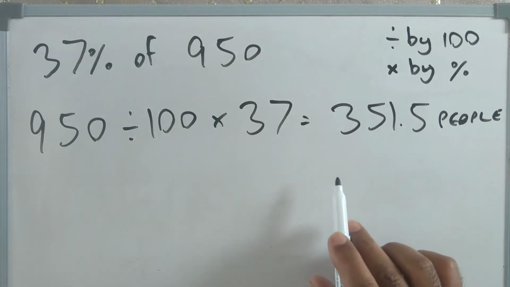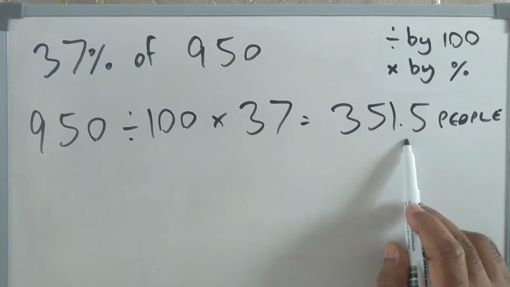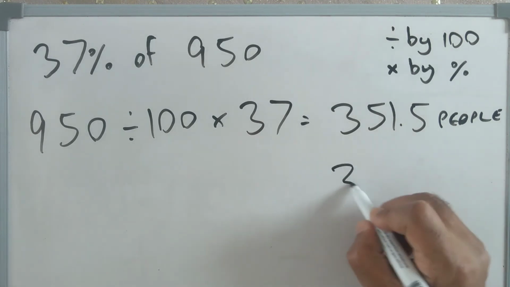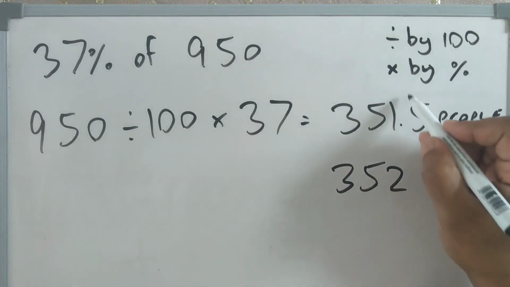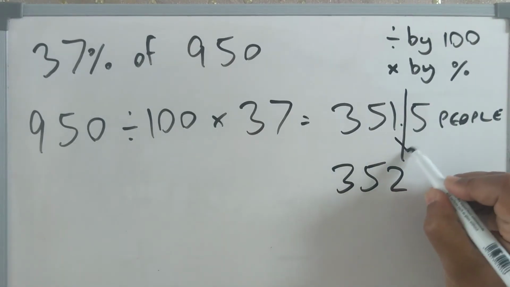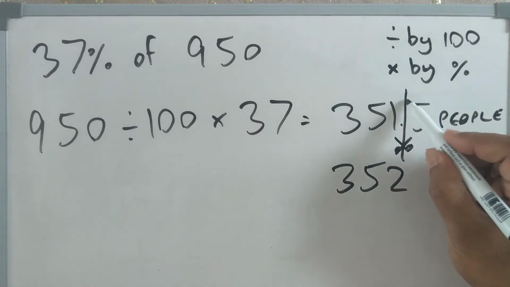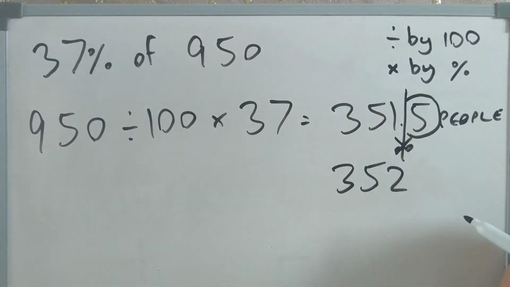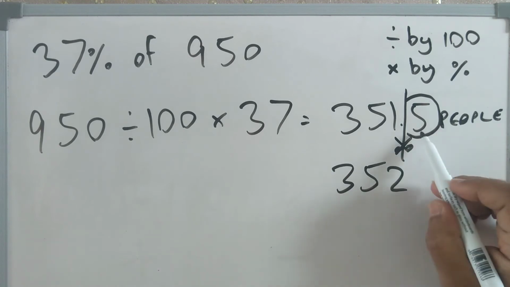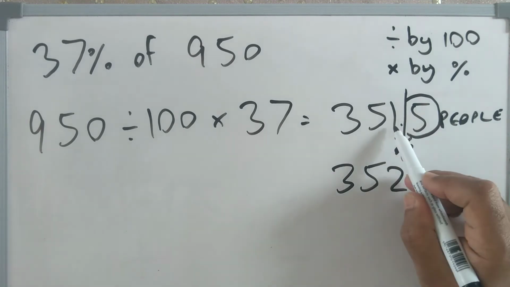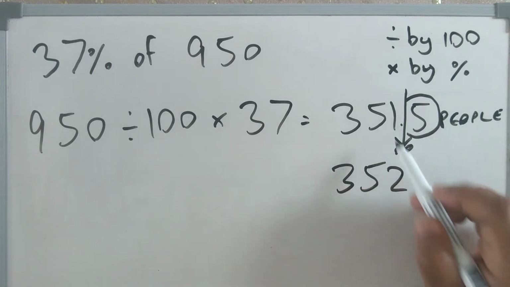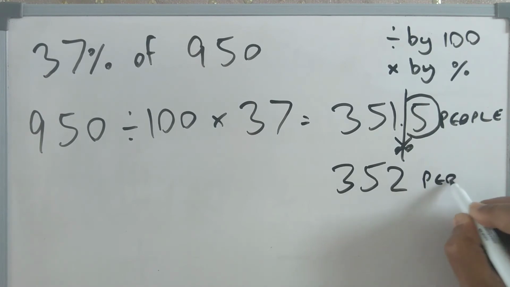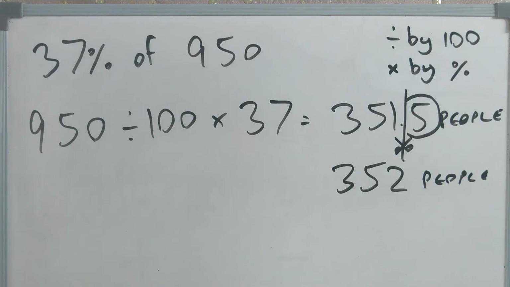If we're strictly following the rules of rounding, we round this up to 352, because that would be the cut-off point. That's the decider, and because that's 5 or more, that digit will go up by 1, so it'll be 352 people passed. Okay, right, I hope that made sense.